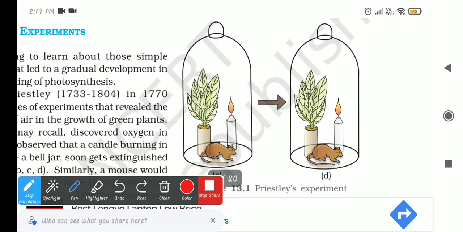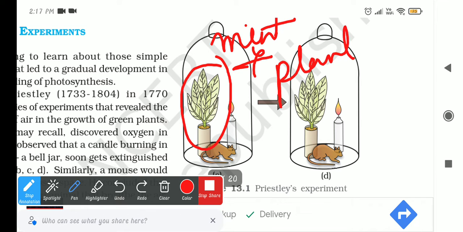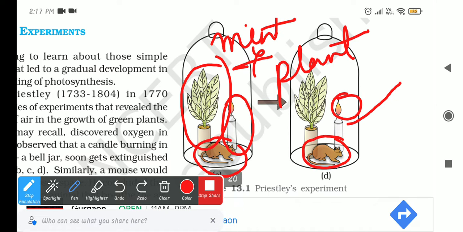But in the second case, what did we do? We took a plant, a mint plant, and we took this candle and this mouse. Here everything remains the same. Look, the rat is alive, and the candle is also burning.